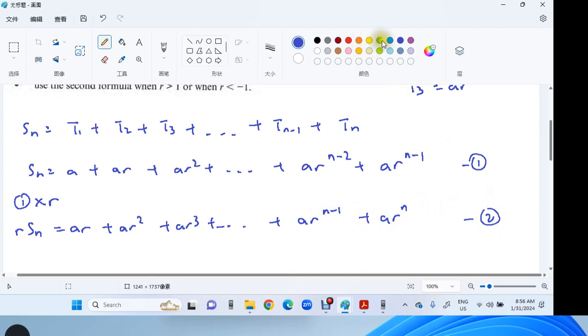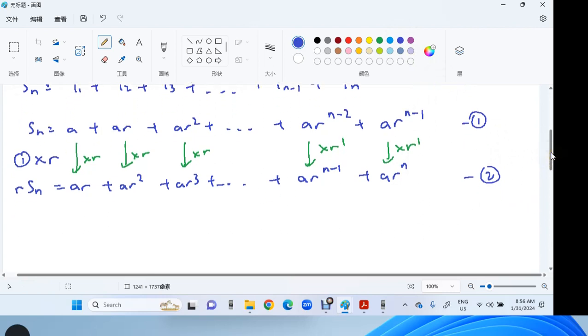This one multiplied by r becomes ar, this one multiplied by r becomes ar squared, then ar cubed, and so on. Multiplying by r, n minus 2 plus 1 becomes n minus 1, and n minus 1 plus 1 gives ar to the power n.